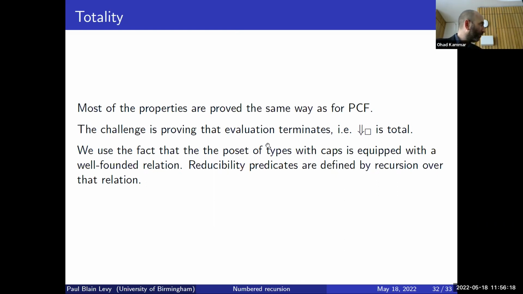Here it's more subtle. The poset of types with caps has a well-founded relation. You have to construct the well-founded relation, and everything is defined by recursion over that relation. To make this work, we have to set up a whole theory of well-founded relations on a poset, which is quite interesting in its own right.